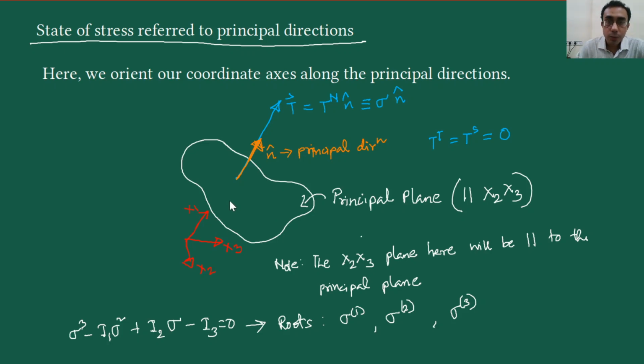So sigma 1 1 is the stress component on a plane perpendicular to the x1 axis, and it is the traction component along the x1 direction. So it is nothing but this Tn component itself, which is also this sigma.